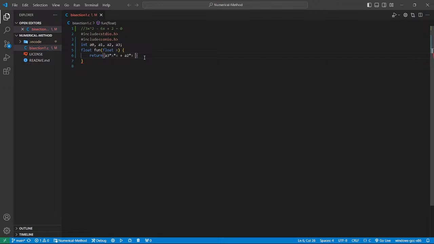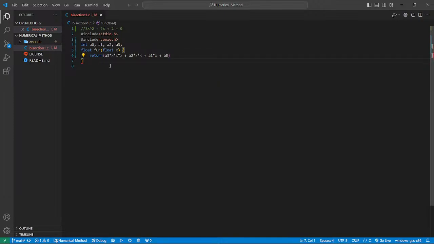Ax squared plus bx plus a0. Okay, actually let's put a cubic equation, not quadratic, so that the user can keep multiple values: a3 x cube plus a2 x square plus a1 multiply x plus a0.